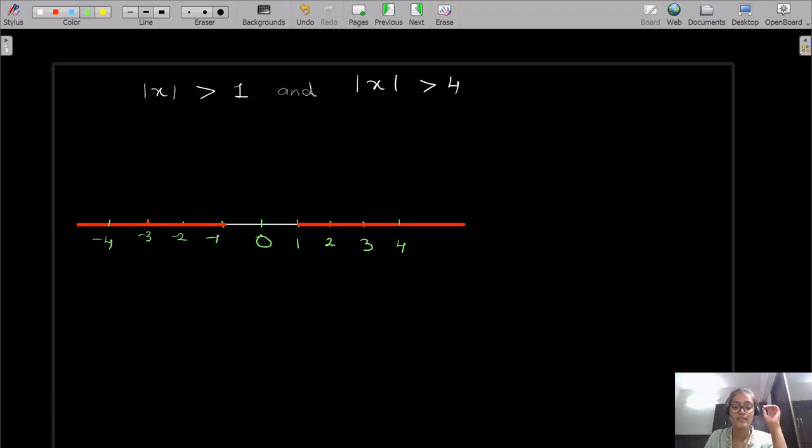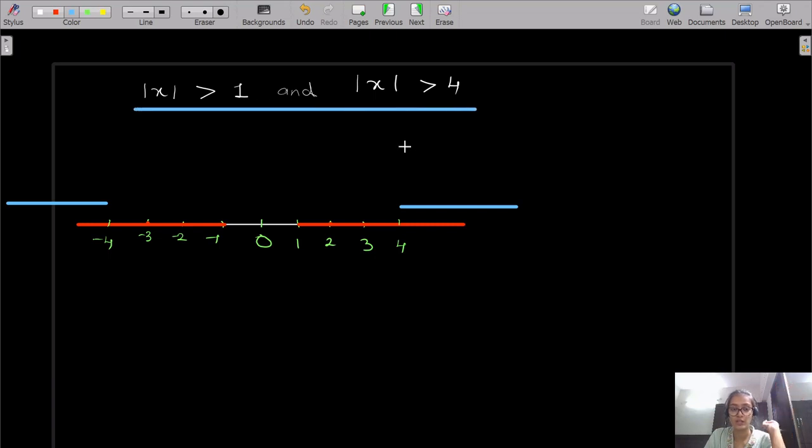So that means those numbers will be all the numbers which are more than 4 and all the numbers which are less than -4. But we have to find out the common solutions, common points which satisfy both of these inequalities. So the common points are going to be these guys, the points which are common in the red line and the blue line.